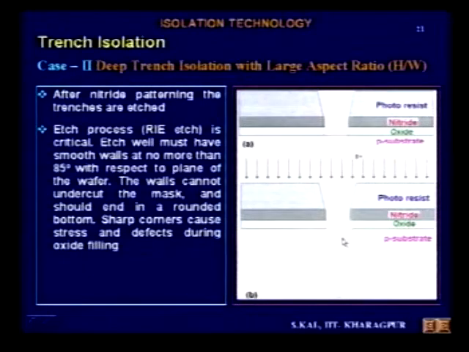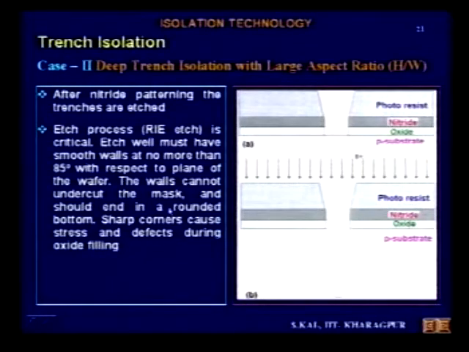Perfect vertical will be 90 degrees with the plane, but it is allowed only 85 degrees up. Exact vertical you cannot get, it is very difficult. So if you get at least near to 85 degrees, we can say it is a vertical trench. Using RIE technique, vertically you etch it. The walls cannot undercut the mask, because if it is not vertical, it will undercut the mask. So that is not allowed.